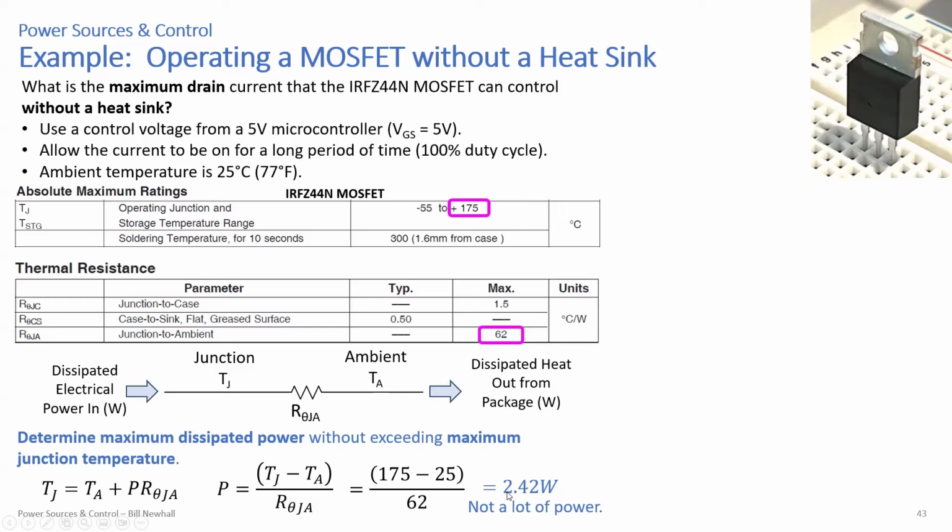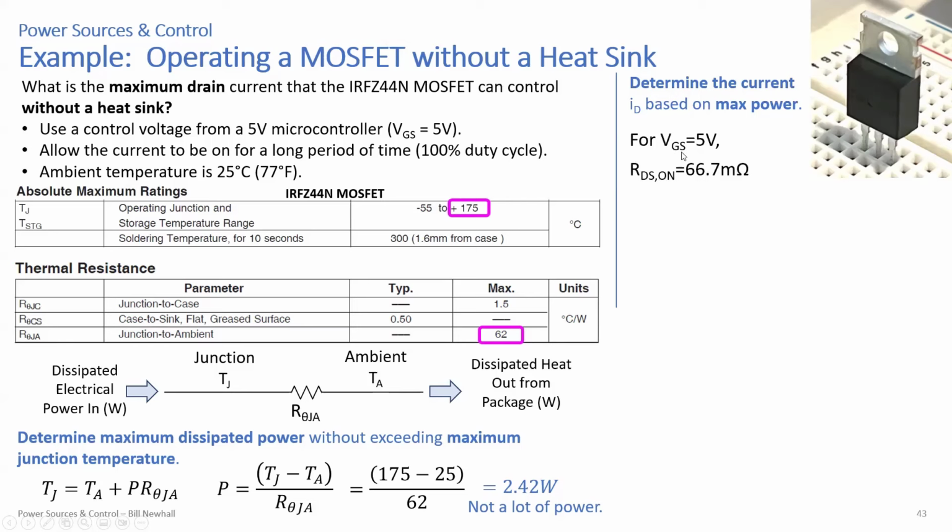Let's look at what current that is. So determine the current ID based on this max power value to find out how much current can we control without a heat sink. So we're using VGS of 5 volts, that's the microcontroller voltage. We talked during the last class about RDS on, that's the drain to source resistance when the MOSFET is turned on with the 5 volt control voltage. We had 66.7 milliohms.